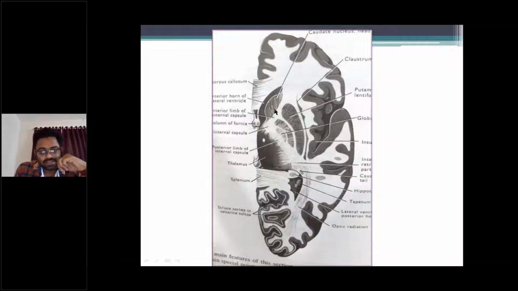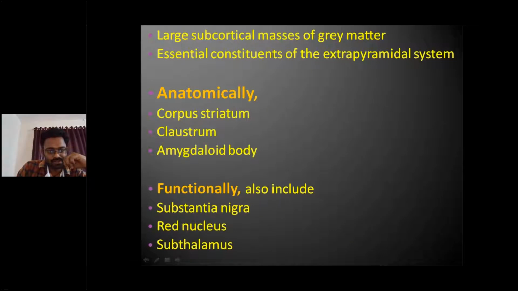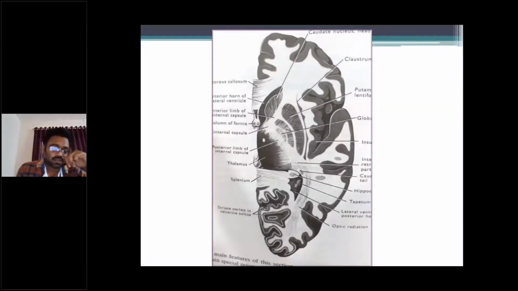So basal ganglia anatomically: corpus striatum, claustrum, and amygdaloid body. A band of nerve fibers divides the corpus striatum into caudate nucleus and lentiform nucleus.